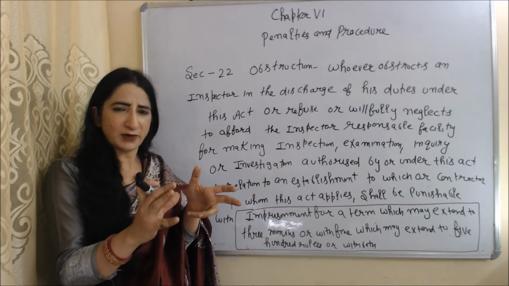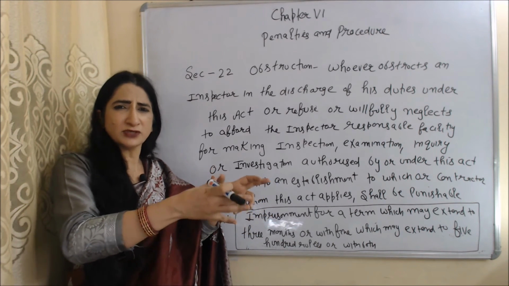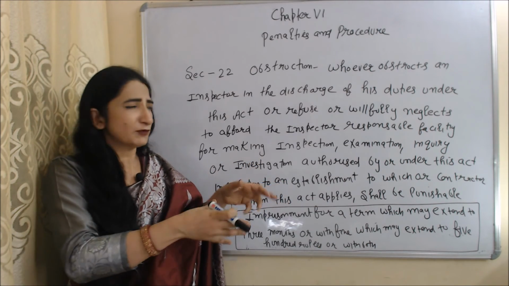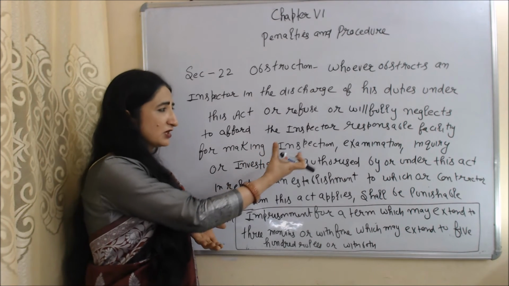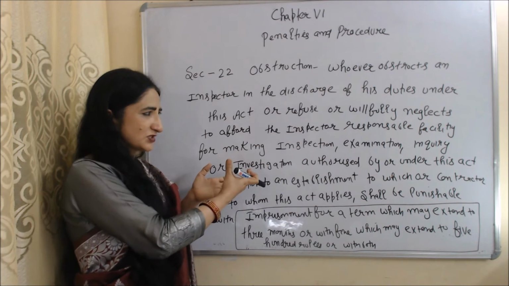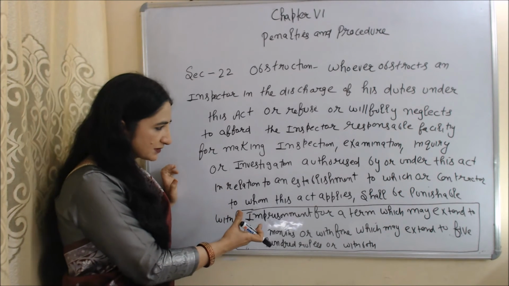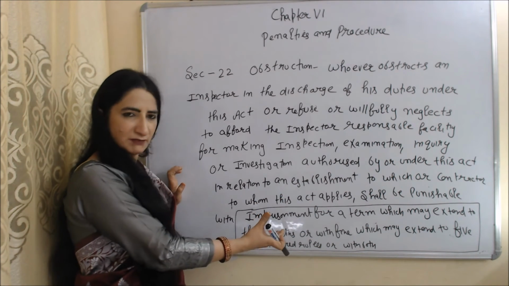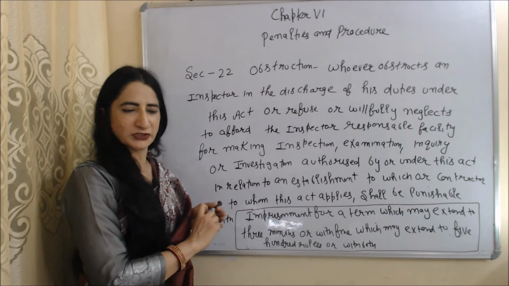Whoever creates problems for the inspector in performing his duty, or refuses or willingly neglects to give any facility which the inspector needs for making inspection, examination, inquiry or investigation, shall be punishable with imprisonment which may extend to 3 months or fine which may extend to 500 rupees or both.